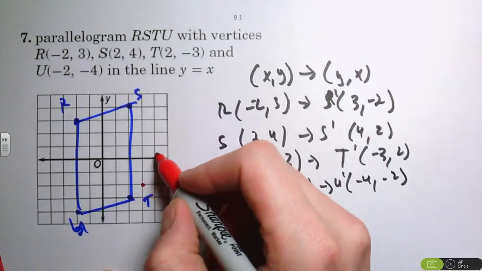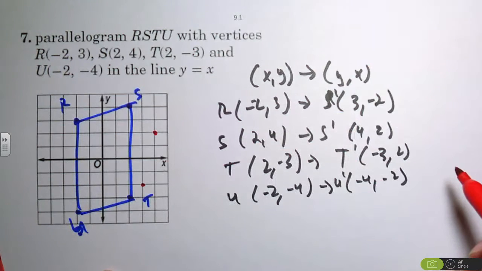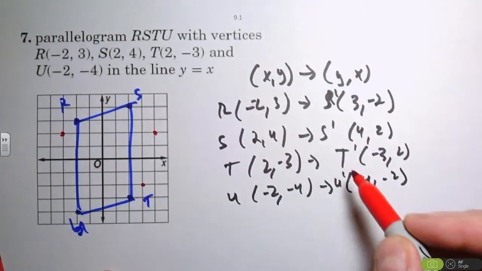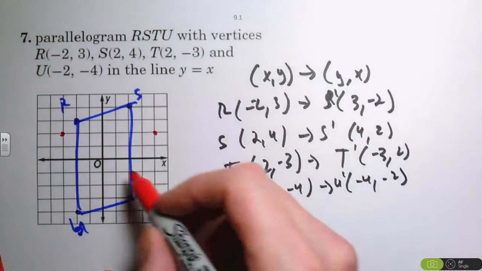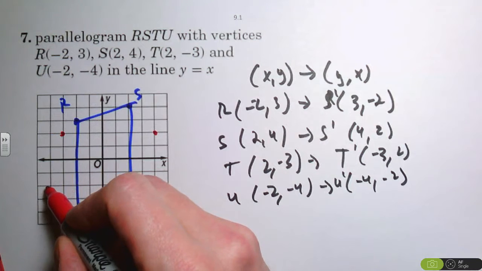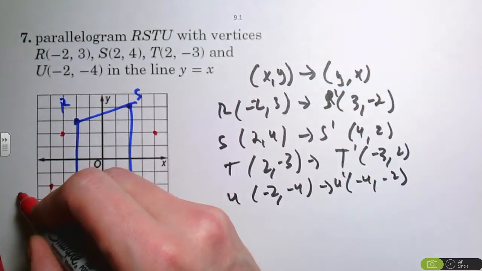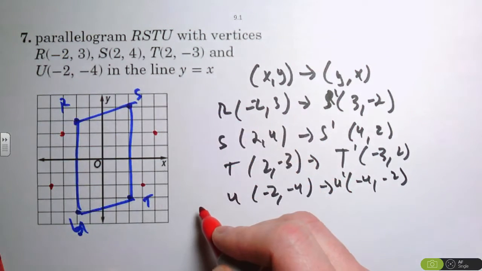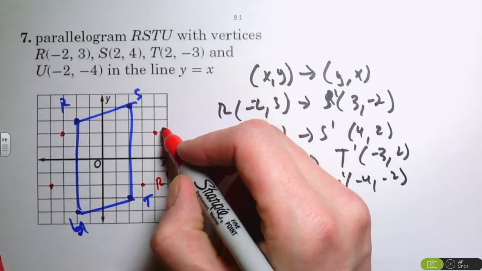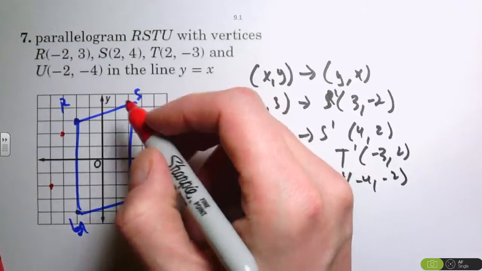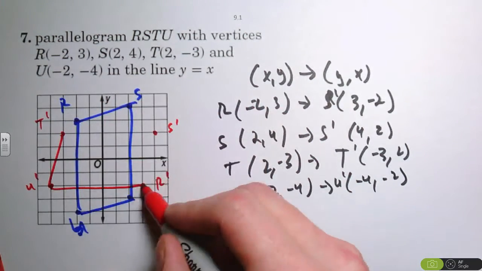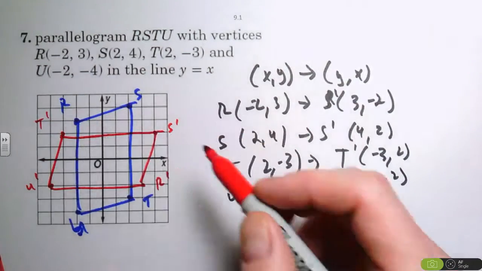S prime is at (4, 2). T prime is at (-3, 2). And then U prime is at (-4, -2). So R prime, S prime, T prime, U prime. Connect the dots. There we go.